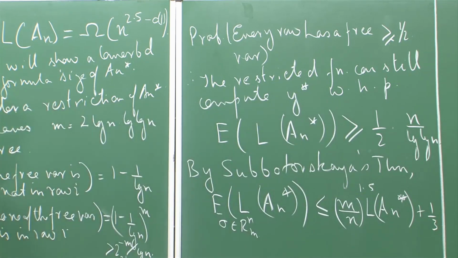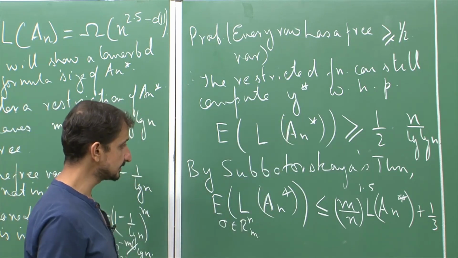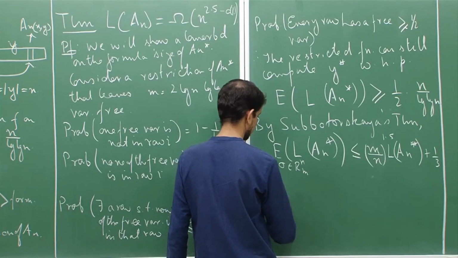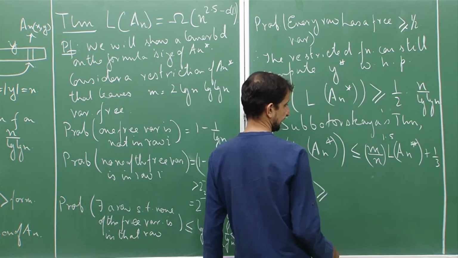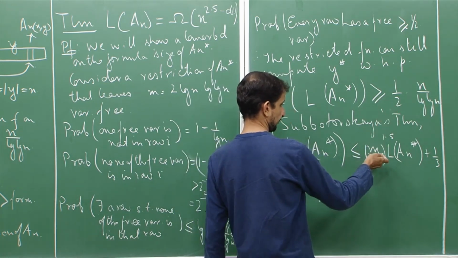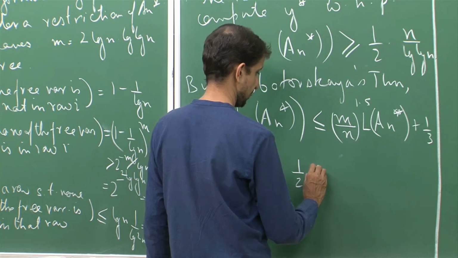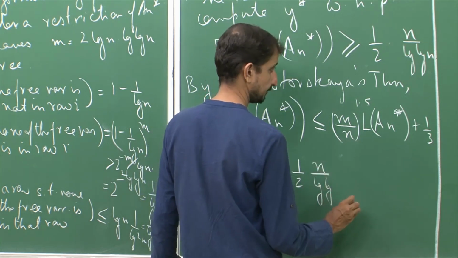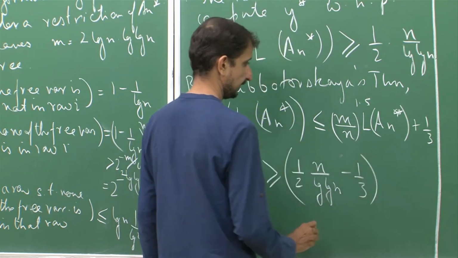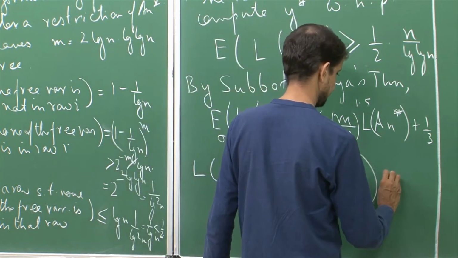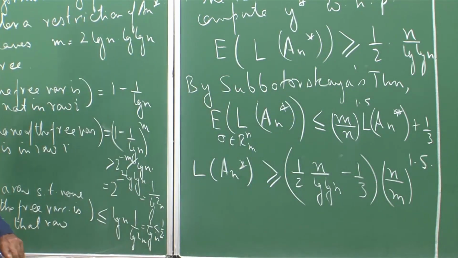So, this is just applying Subbotovskaya's theorem, and now we just combine both these equations, and what we get is that L of A n star is greater than or equal to half n by log n minus 1/3 times the reverse of this, n by m, to the power 1.5.